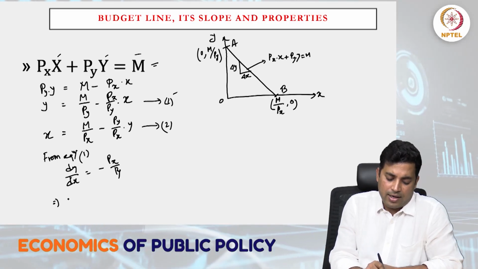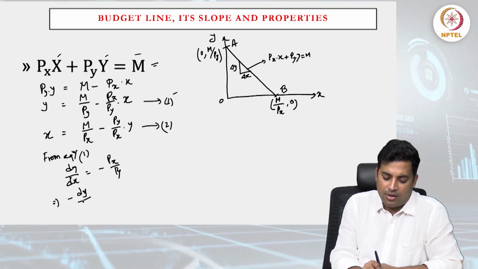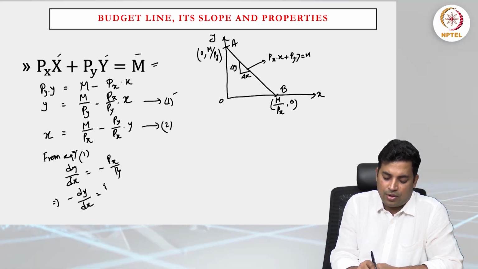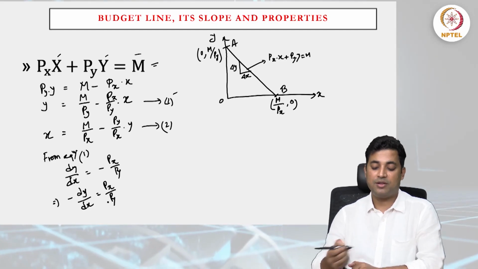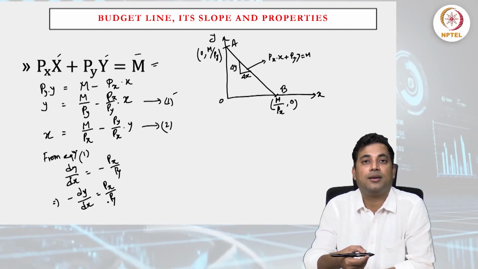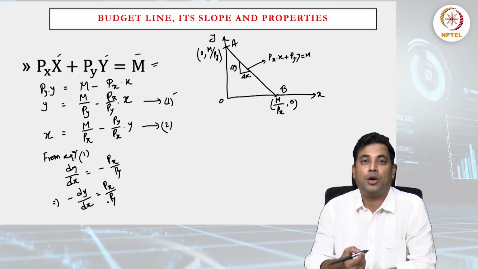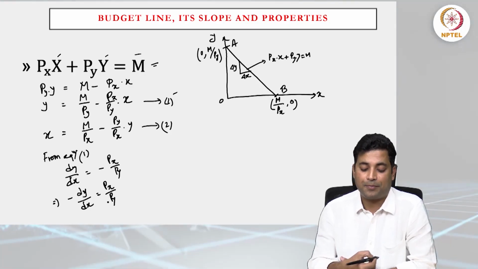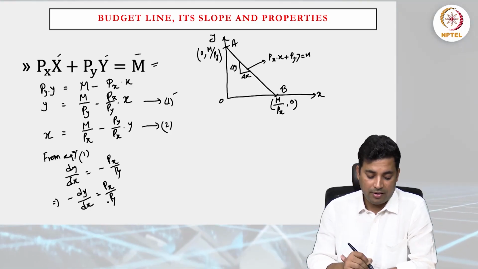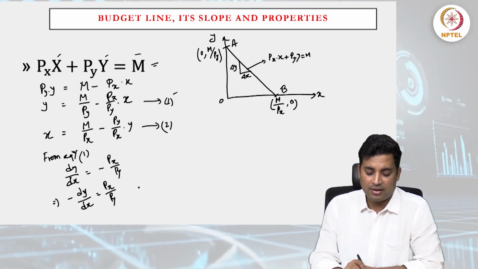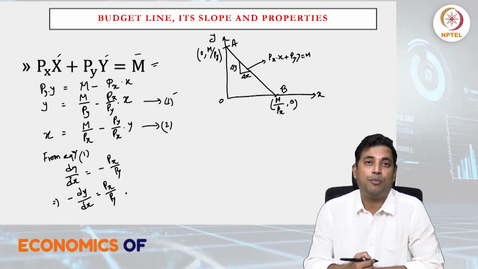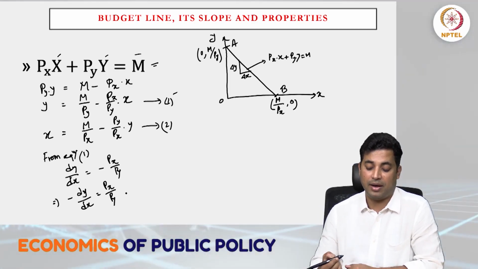The minus sign shows the negative, downward sloping nature of the budget line. So the slope of the budget line is Px by Py.